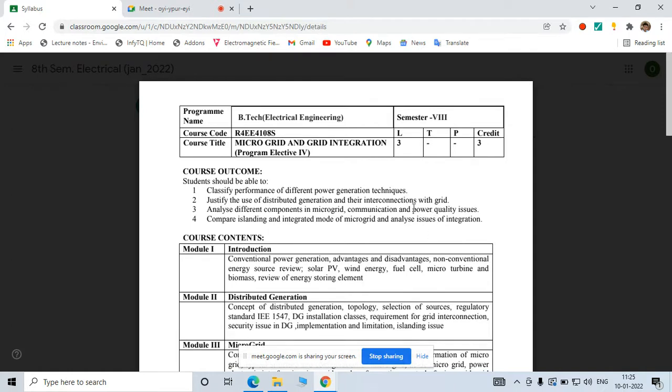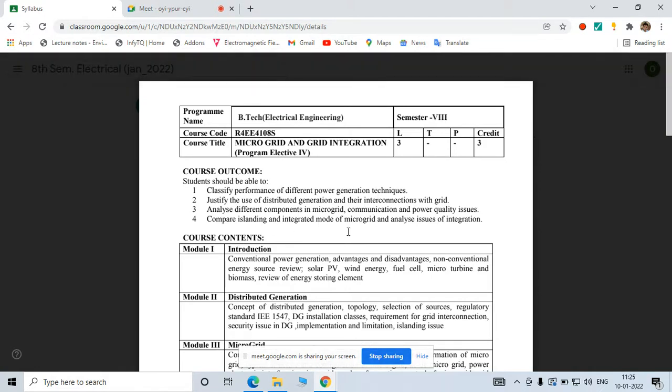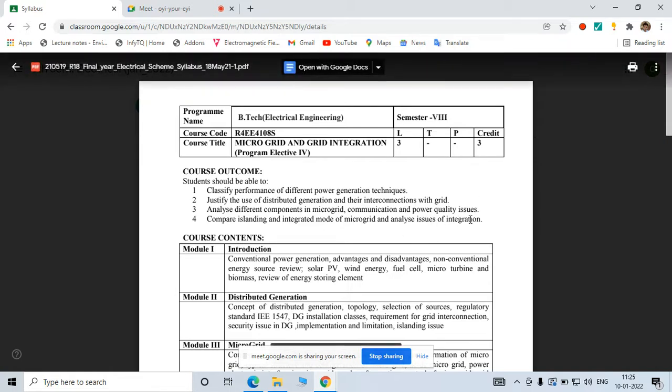You should compare islanded and integrated modes of microgrid and analyze the issues of integration: what issues arise and how to tackle them. You should be able to judge after covering this whole course. So that is all about your course.